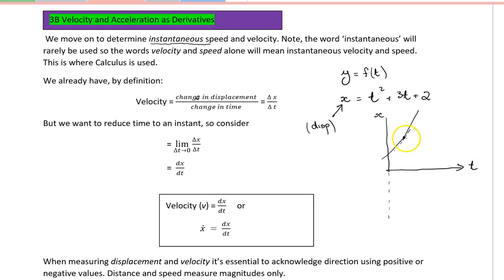It's called finding the first derivative. Finding the first derivative is the actual gradient, the rate at which the displacement is changing with respect to time. So that becomes our number one formula, or part of our formula, that we want: dx/dt.